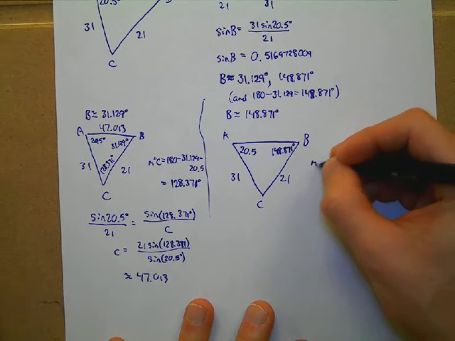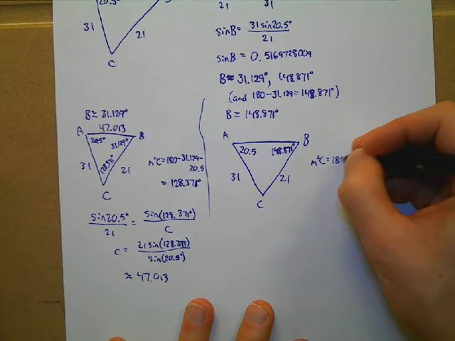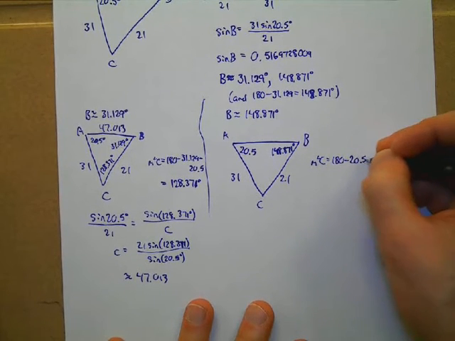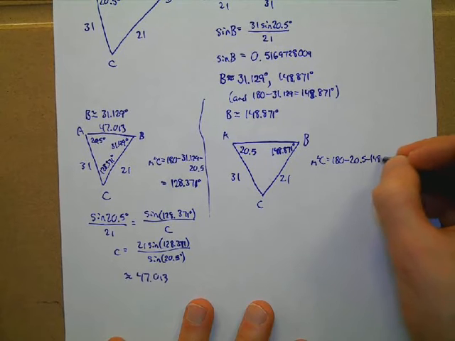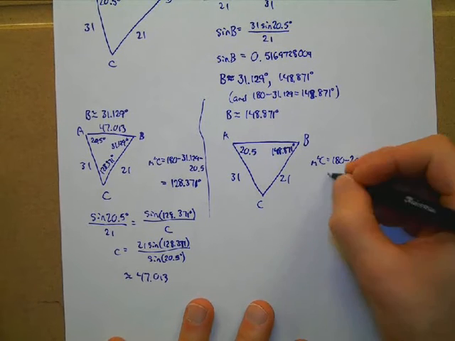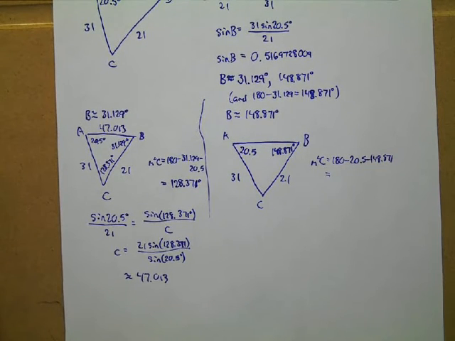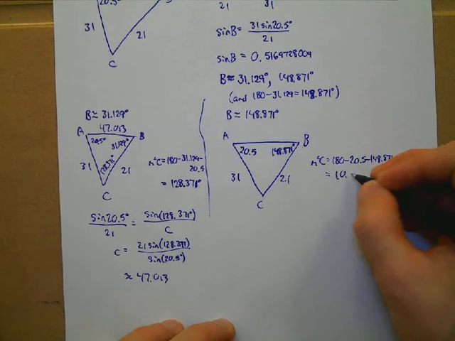We set it up and solve just like we did before. Sine of 20.5 over 21 equals sine of 10.629 over little c.